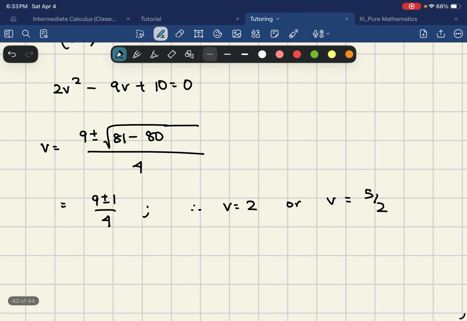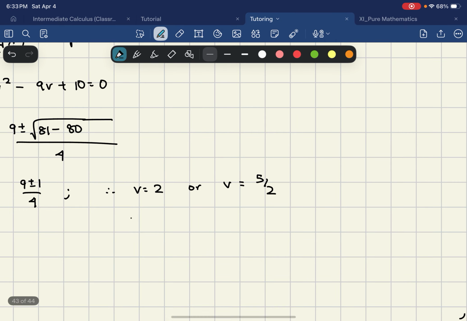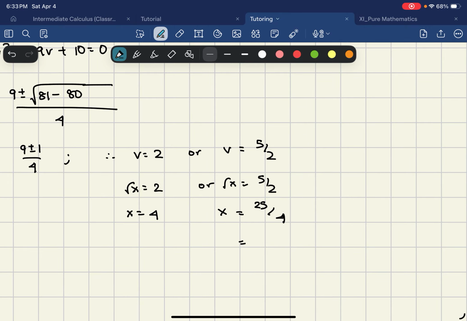So if you simplify, you get these two solutions of v. And basically, remember, v is square root of x. So when you square to get x, you get x is equal to 4. So you square both sides, you get 25 by 4. And you can actually write it as 6 1 over 4. So your solution is 4 and 6 1 over 4.